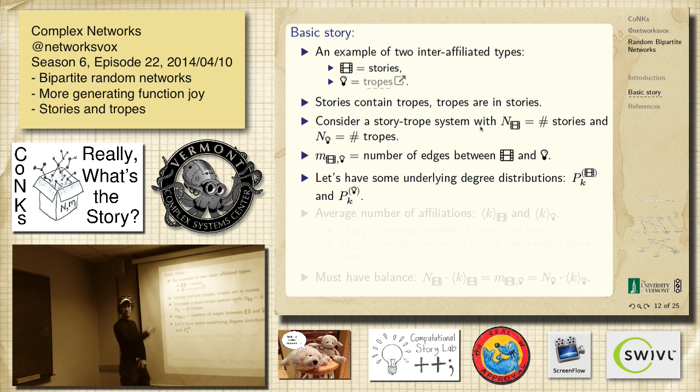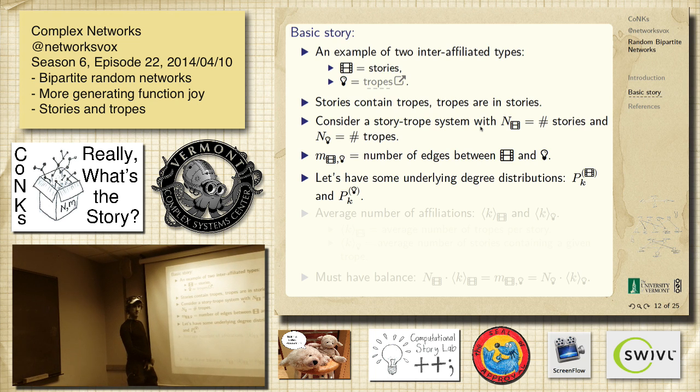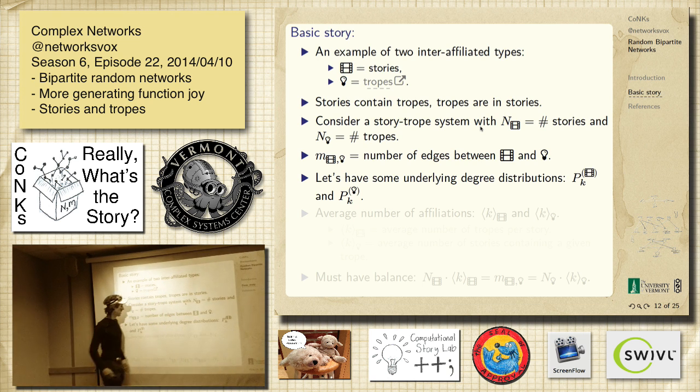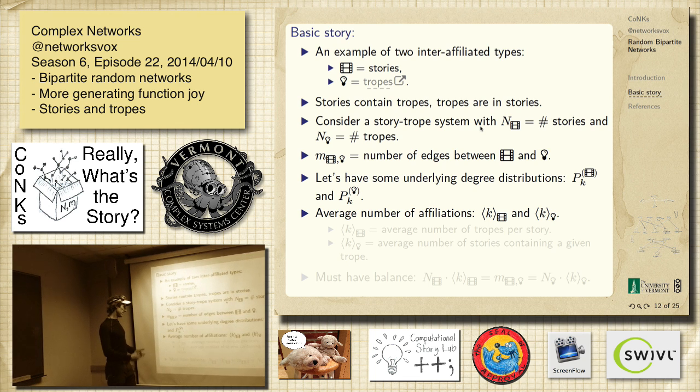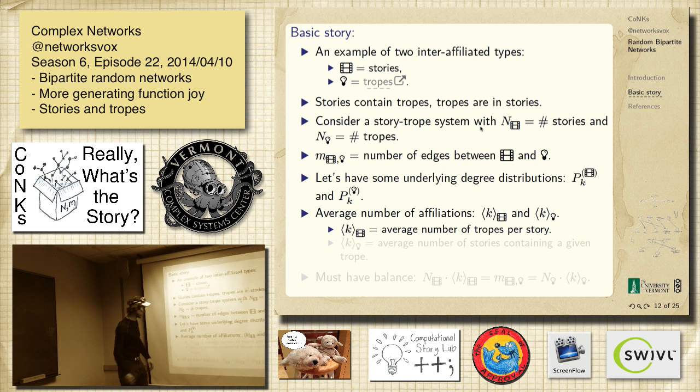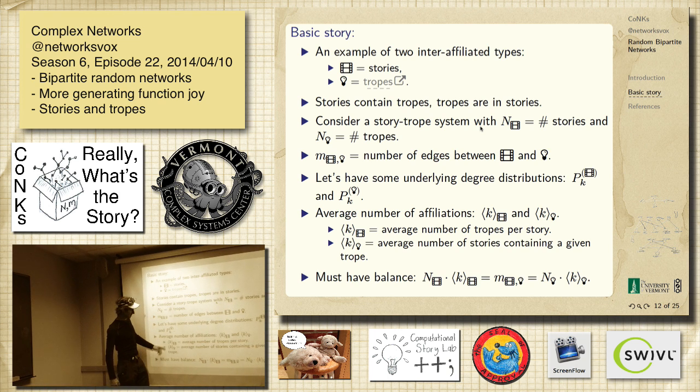And we need some underlying degree distributions. So hopefully this will all hold together. And so we'll have the story one and the trope one. We need this to happen. Okay, let's think about that. So the average number of affiliations, so the average number of tropes per story, the average number of stories per trope, we'll compute those things. And then we must have simply that this works, right?